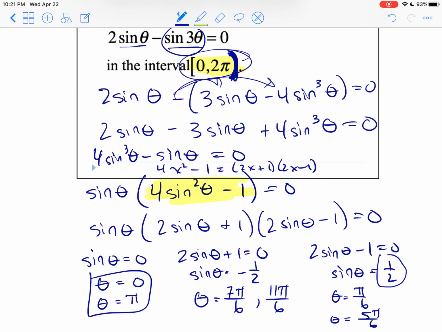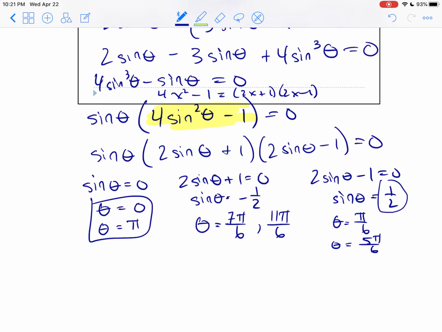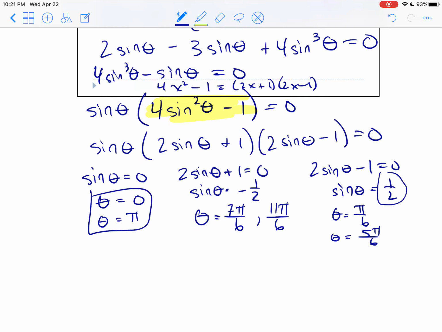And that happens again in the second quadrant, pi over 6 short of pi, which is 5 pi over 6. Now this angle, the angle at which sine equals 1/2, is going to come up a lot. So it's good to just know these angles.